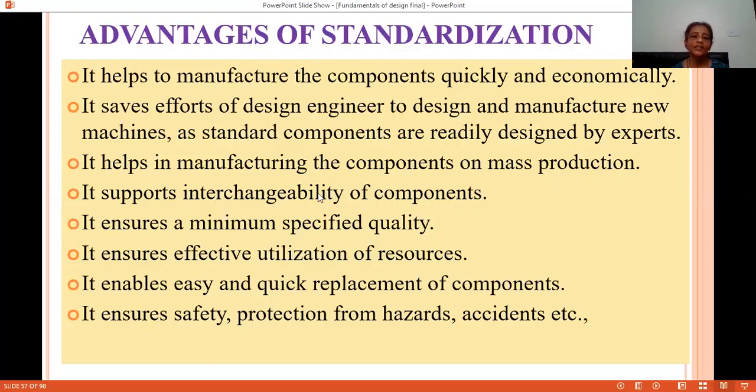Next is interchangeability. When any company is following standardization, they are following a uniform method of manufacturing, and they have tighter tolerances of the components. With those tighter tolerances, we can replace X company's product with Y company's product, which is known as interchangeability.